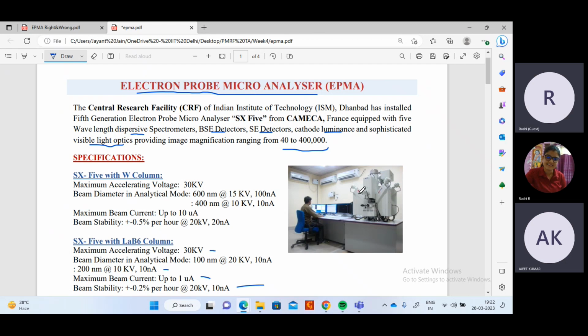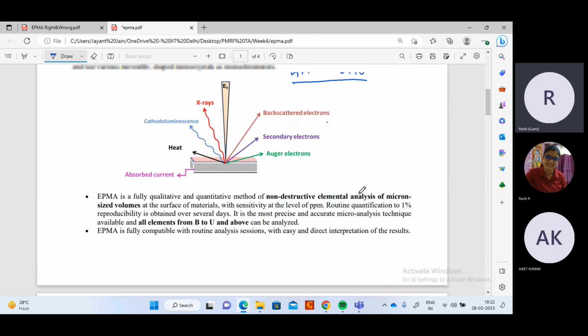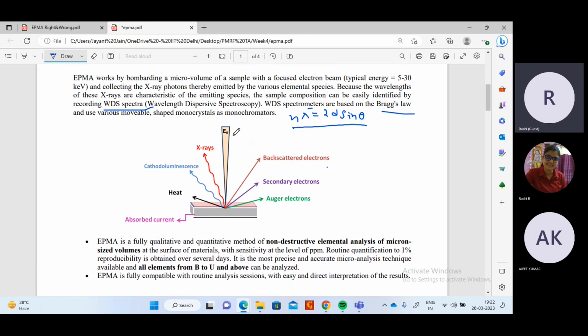Yes. So that is the main advantage in EPMA, and this is possible only because of WDS. The detector will be taking the wavelength. The electron source and everything is the same, whatever source we are using.